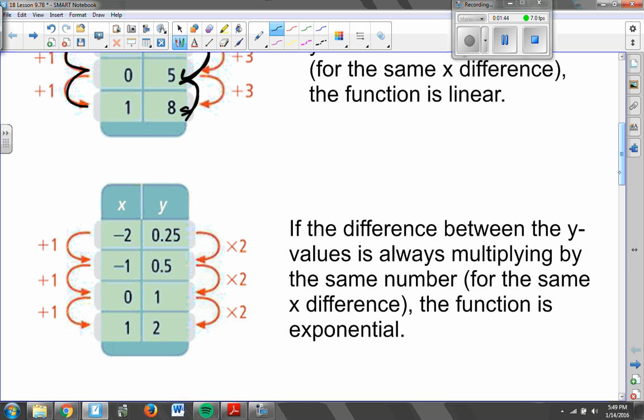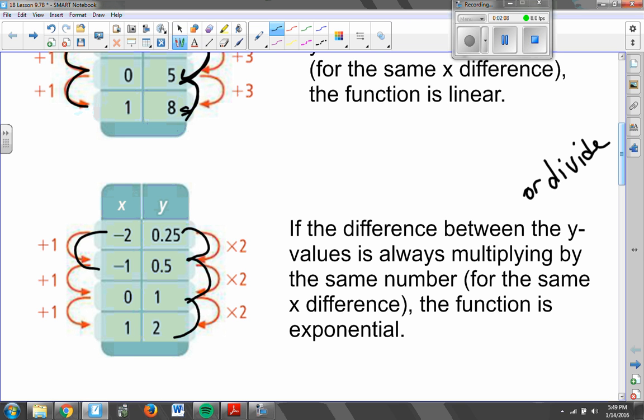If instead of adding a number or subtracting a number, we are instead multiplying or dividing to go from y value to y value. For example, here when I go up one x value, I times my y value by 2, and here I do it again, and here I do it again.